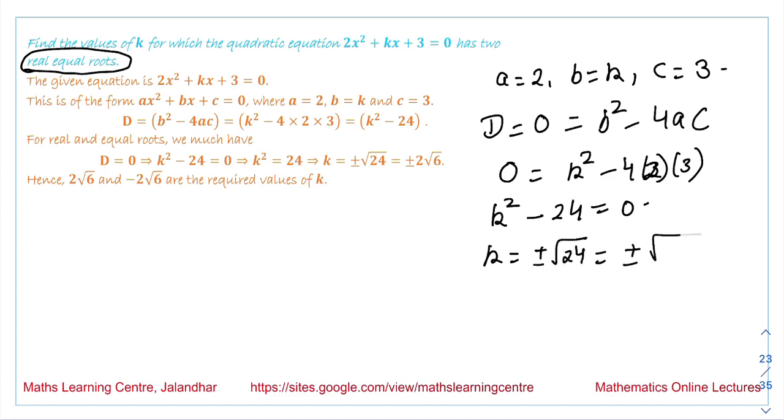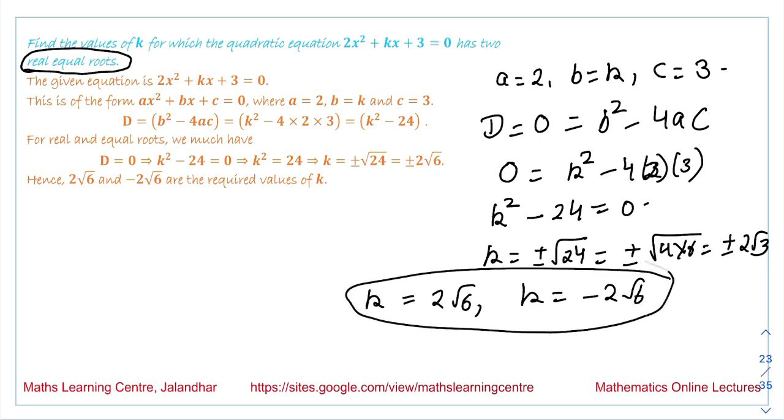This is equal to plus minus root of 4 into 6, which is plus minus 2 root 6. So the values of k are 2 root 6 and minus 2 root 6. It means for both these values of k, when k is 2 root 6 or k is minus 2 root 6, this equation will have repeated roots.